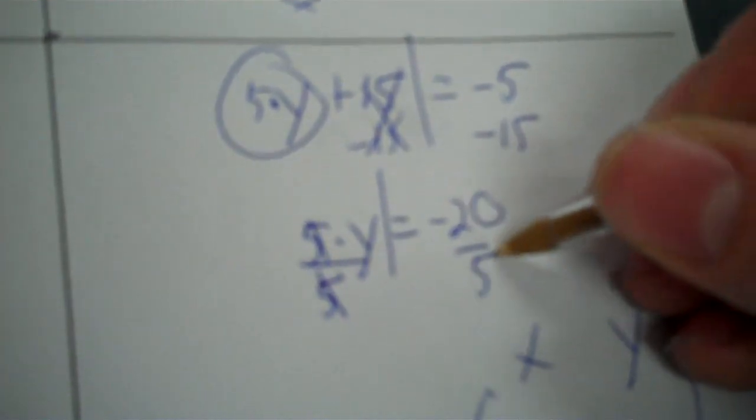Okay, so we subtract the 15. -5 minus 15 is -20. And then finally we get to dividing. So -20 divided by 5 is -4. So y is -4.